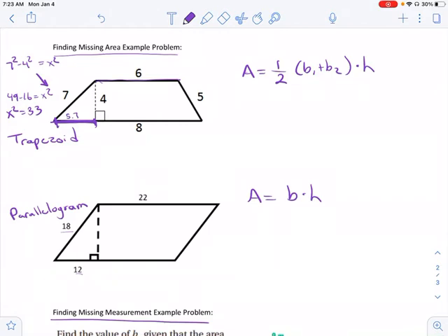My entire base 2 at that point is going to be 13. So this entire distance is 13.7. And now I have all the information that I need in order to plug these in. So my half is going to stick around. Base 1 I'll call 6. Base 2, 13.7. And then my height is going to be 4.